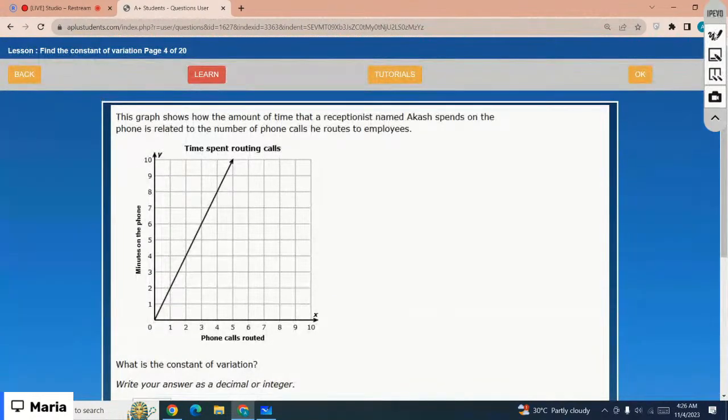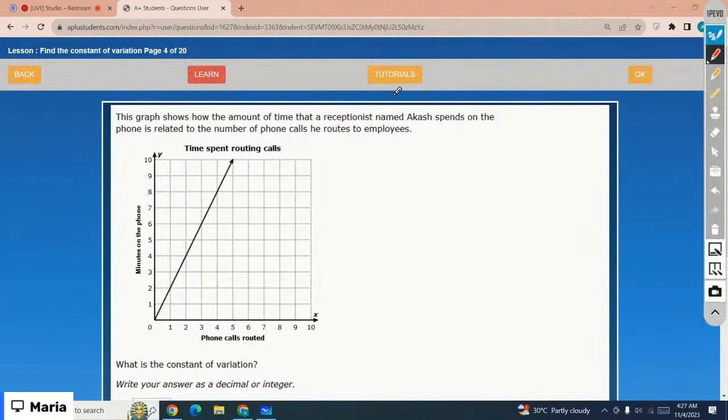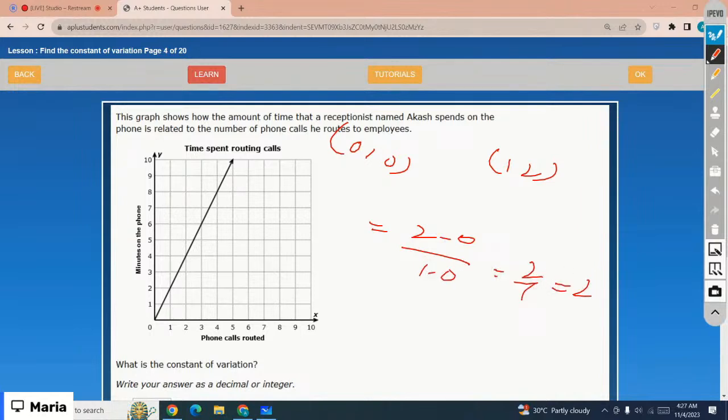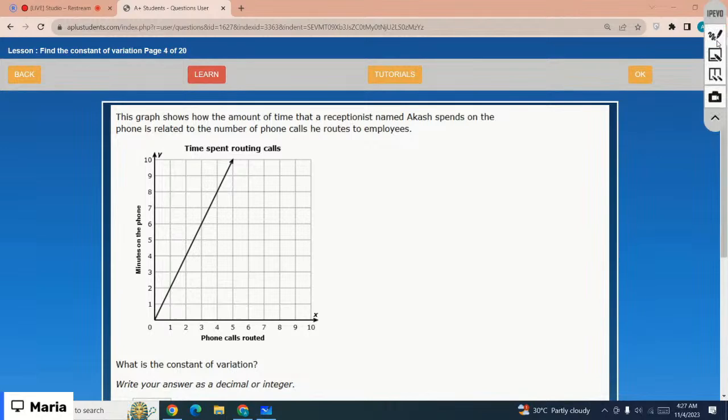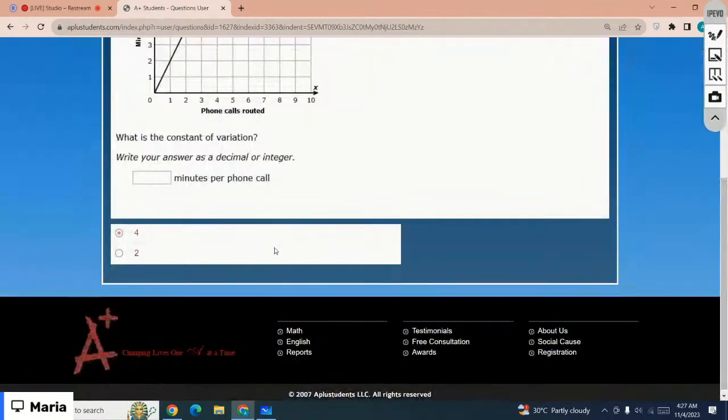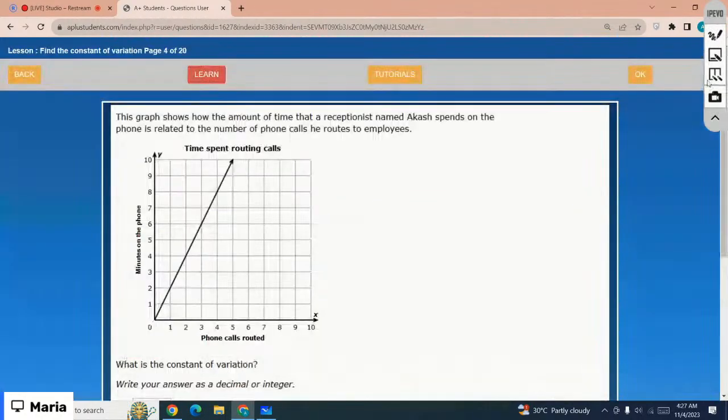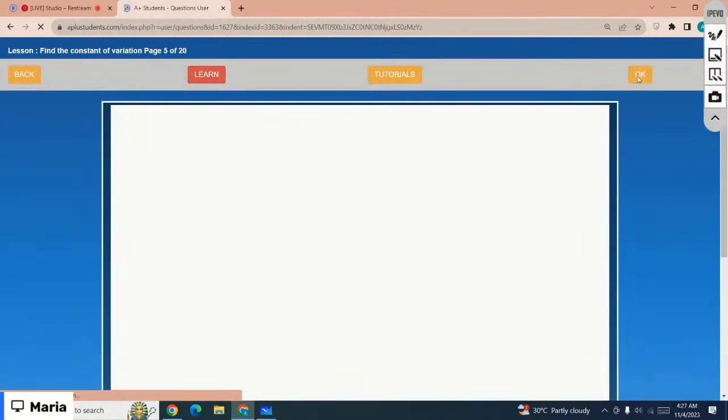Okay, hold on, let me check. Just select any 2 points. x is 1, y is 2. So that would be 2 minus 0 divided by 1 minus 0. That is 2 over 1 and the correct option is 2. Right? That means the correct option is 2. Okay, you can complete the lesson by yourself later today. Let me just move on to the next lesson.